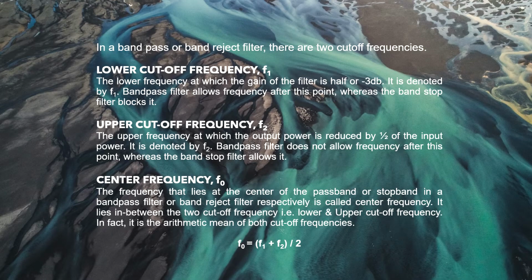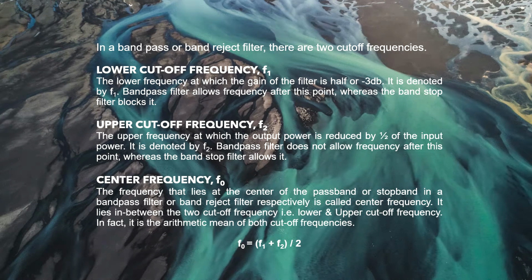In a band pass or band reject filter, there are two cut-off frequencies. First is lower cut-off frequency, which is F1. The lower frequency at which the gain of the filter is -3 dB. Bandpass filter allows frequency after this point, whereas the bandstop filter blocks it.